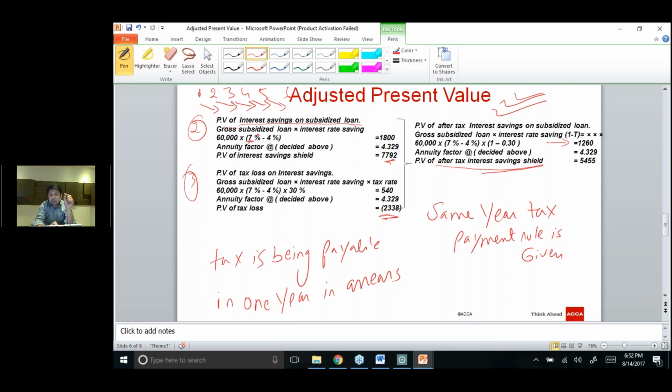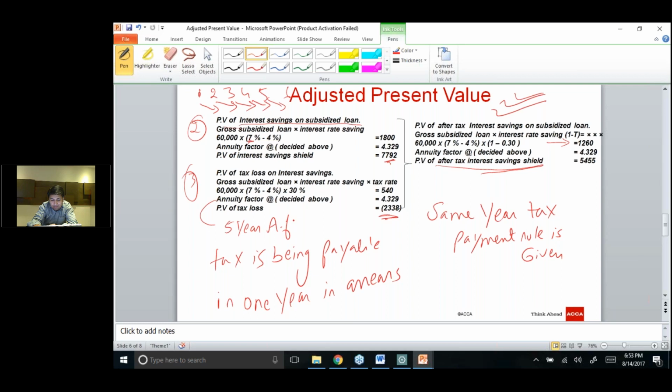So in order to calculate the present value of interest saving, you are going to use the same annuity factor. But in order to calculate the tax loss on interest saving, you have to calculate the delayed annuity factor. And what about that?